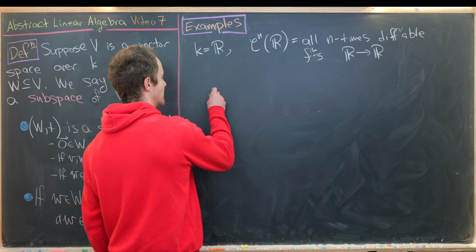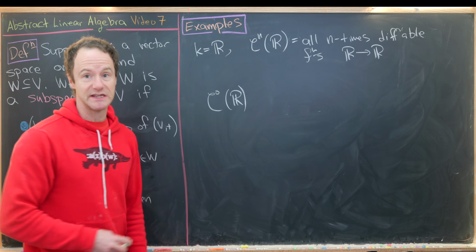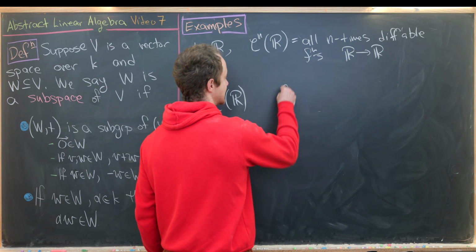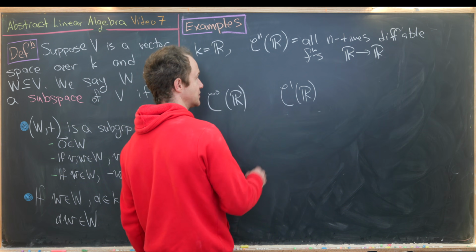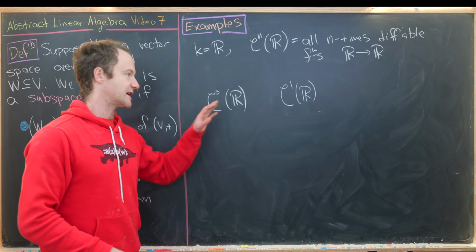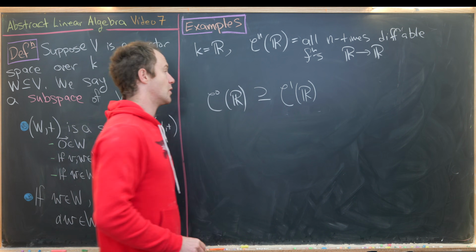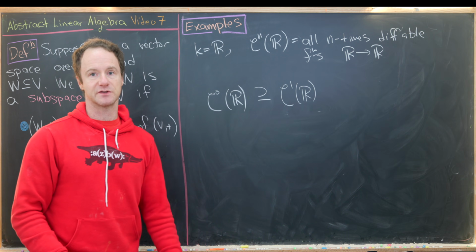Okay, furthermore, we know that if we start with C0, which is all continuous functions, well, we know every differentiable function is a continuous function. And generally, what we say is a differentiable function would be a 1 times differentiable function. So like I said, every differentiable function is a continuous function. So we have a subspace relationship between the continuous functions and the differentiable functions.